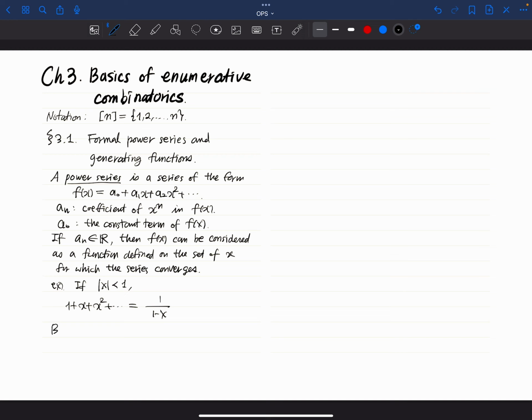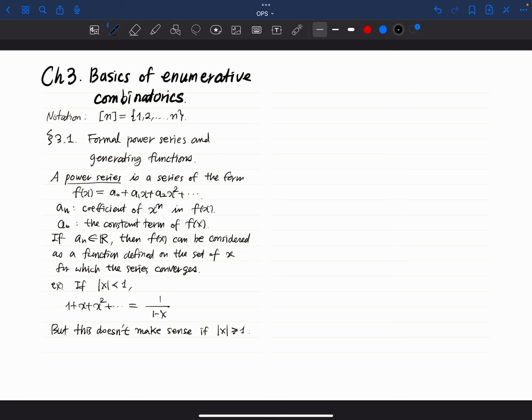But this doesn't make sense if the absolute value is not less than 1. But in the language of formal power series, this works without needing to mention the range of x.